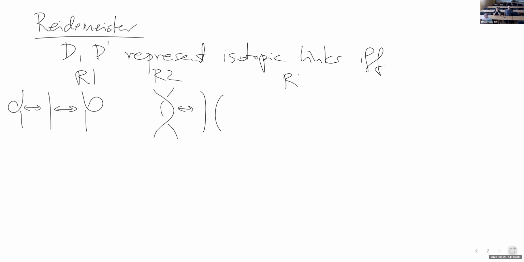And the third one allows to redirect an arc around the crossing. So any two diagrams which represent the same link are related by a sequence of moves like this.